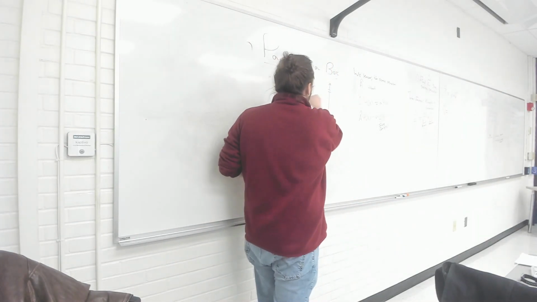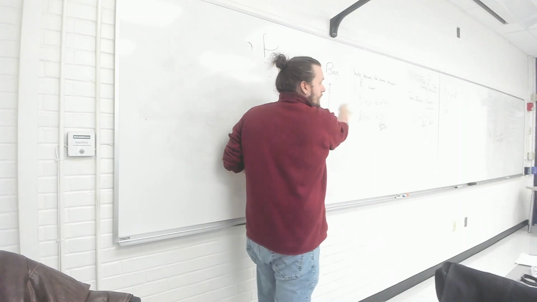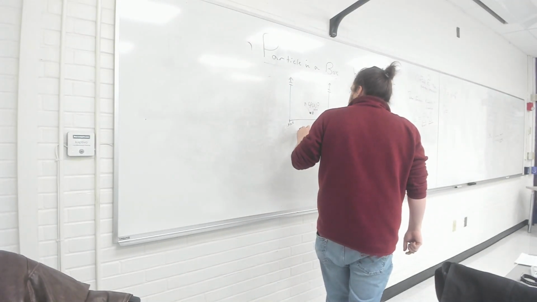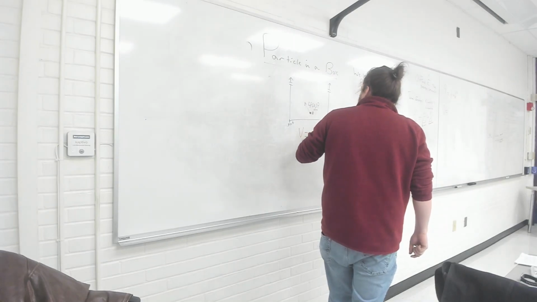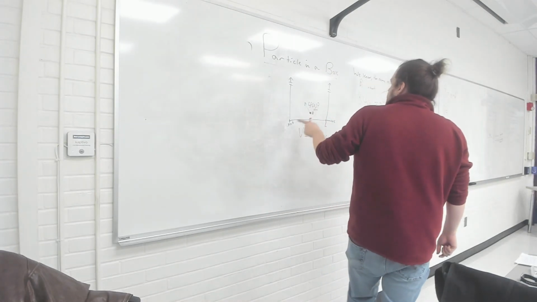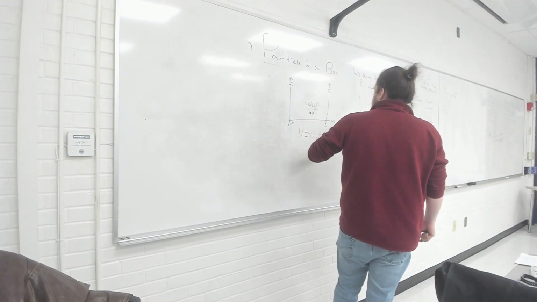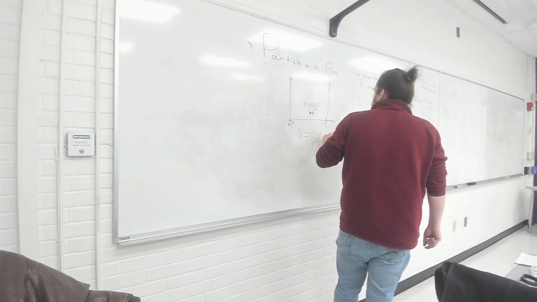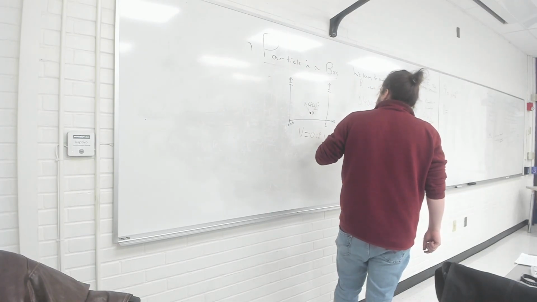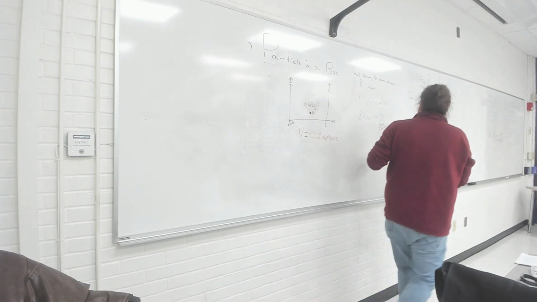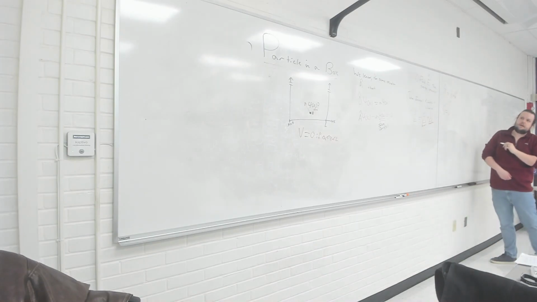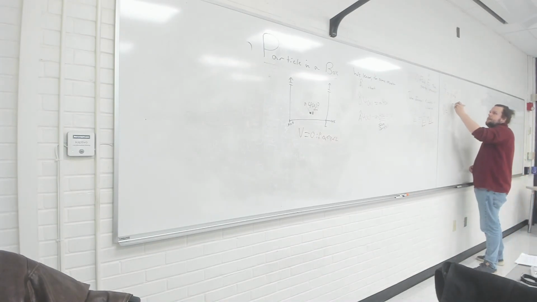It can freely move between the ends of the box as much as it wants. So the potential is 0 if the position of the electron x is between 0 and L. So if the electron's in the box, it feels nothing from the box. It's free to move.